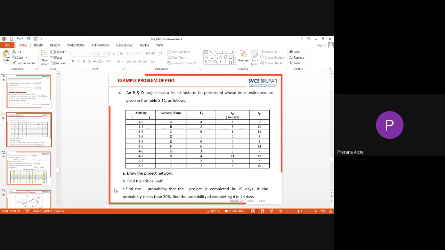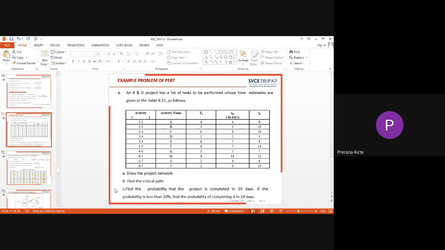Unless we draw the project network accurately, it is difficult to calculate the probability. And once the critical path is found, the sum of the variances of the activities lying on the critical path is considered in calculating the duration of the project.